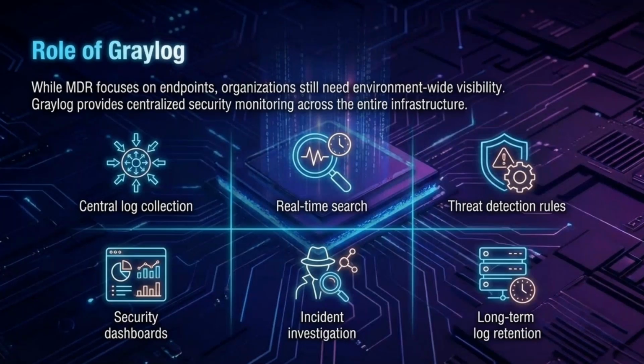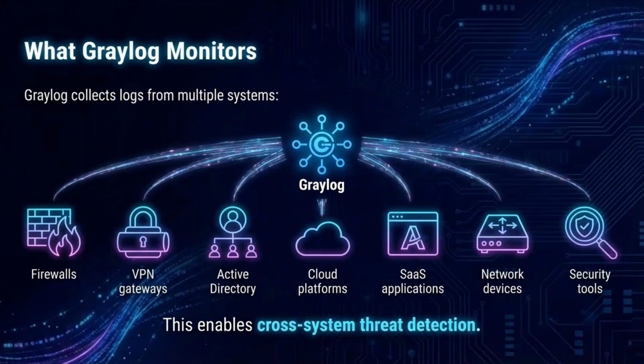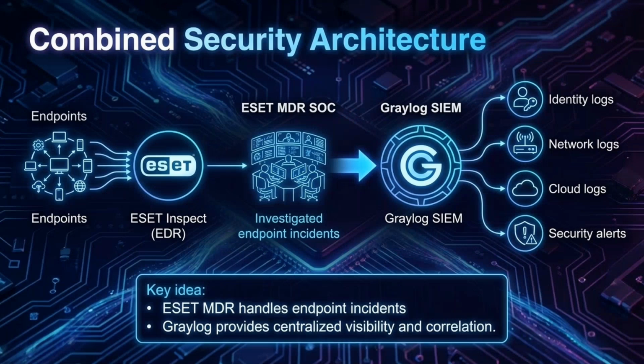So it can help you to monitor logs from firewall, VPN, AD, cloud applications, SaaS, network devices, and any security tools. So it helps you to gather those logs. So if you have ESET MDR, it will look like this one.